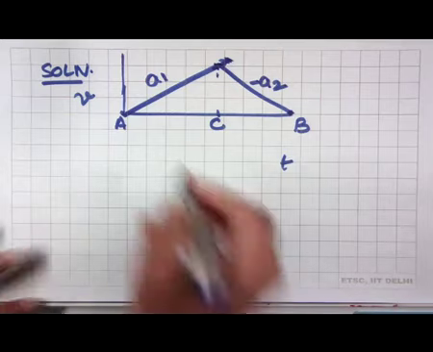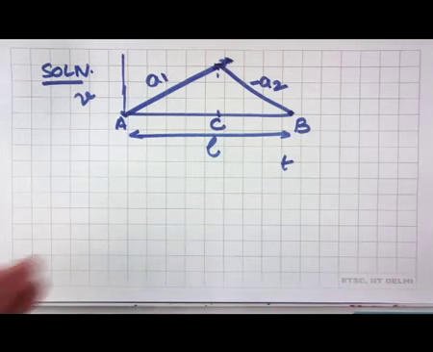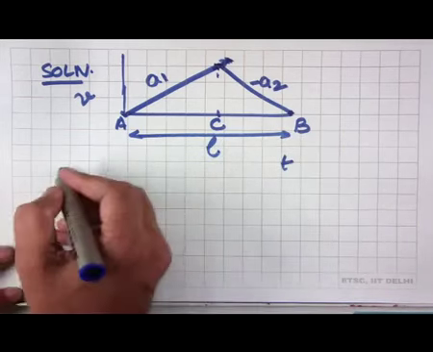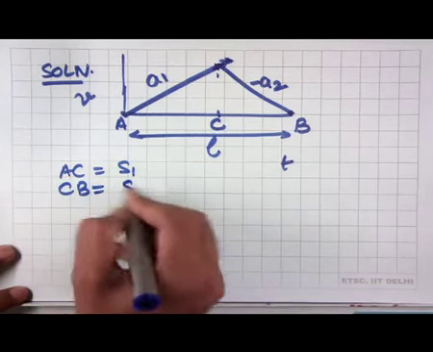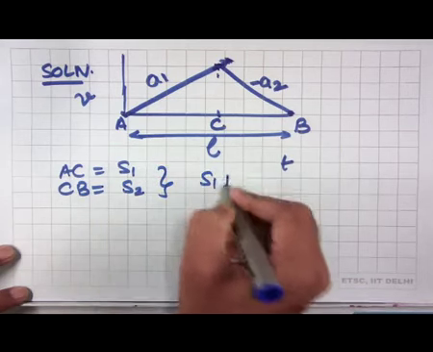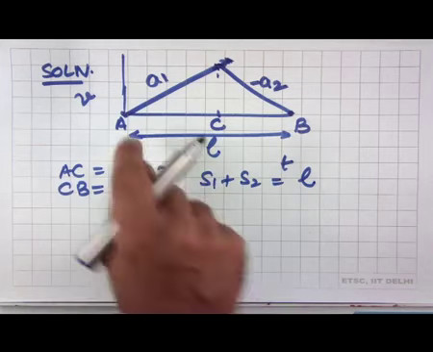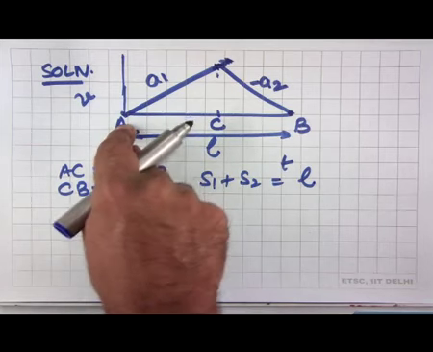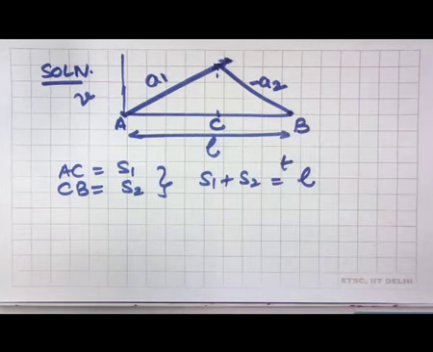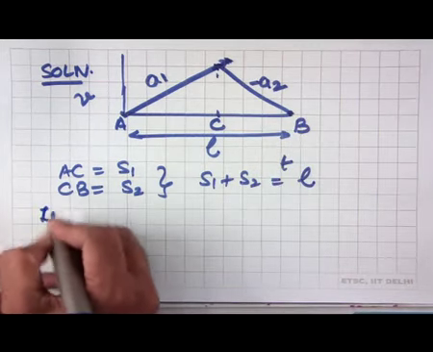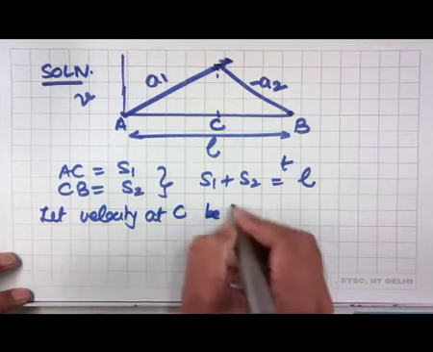What we know is that the total distance is L. If we write AC as S1 and CB as S2, then S1 plus S2 is equal to L. We also know the velocity at point A is 0 and the velocity at point B is 0. Let the velocity at C be Vc.